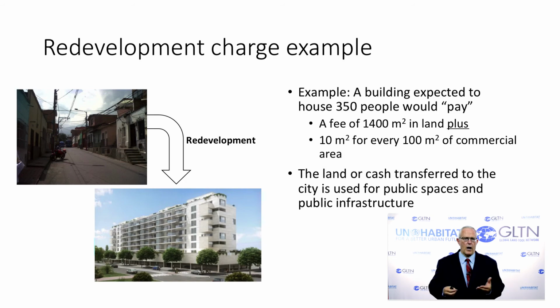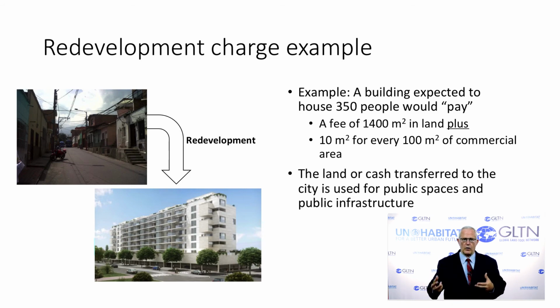For example, if a developer said, we're going to take this area of existing housing, but it's older, we'd like to redevelop it, increase the density, and therefore the value of the land. We're going to put in a building that's expected to house 350 people.